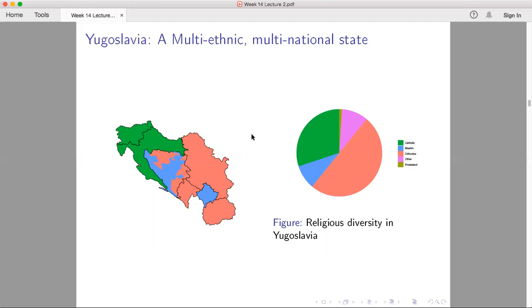The Catholic dominated areas are Slovenia and Croatia, and then there are Muslim populations as an after consequence of the Ottoman Empire's takeover in Bosnia and in Kosovo. So we have a pretty high amount of religious diversity. About 50% of the population are Orthodox, about 9% are Muslim, and around 20 or so percent are Catholic.